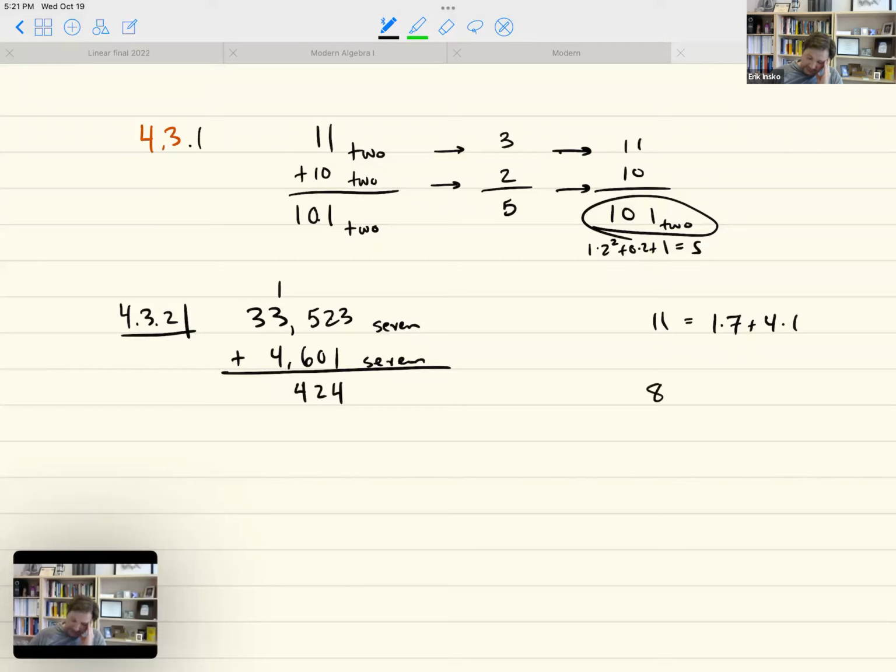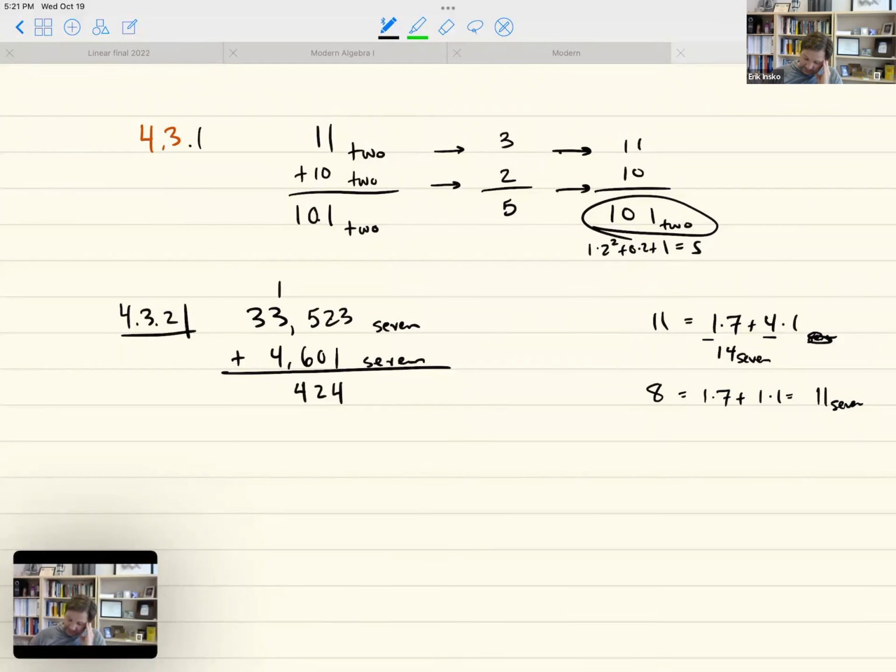Then 3 plus 4 plus 1 is 8. 8 base 10, when I convert it into base 7, is 1 times 7 plus 1 times 1. So that would be 11 base 7. So hopefully that's making sense. This is 1 times 7 plus 4 times 1, so as a base 7 number would be 14 there.